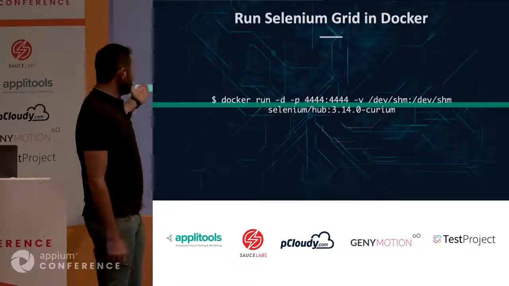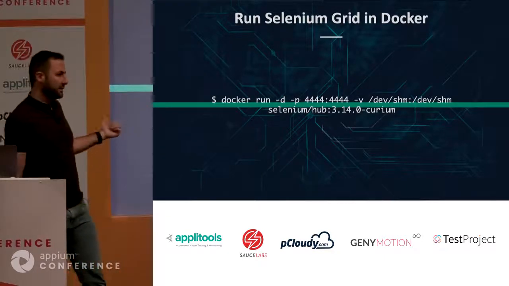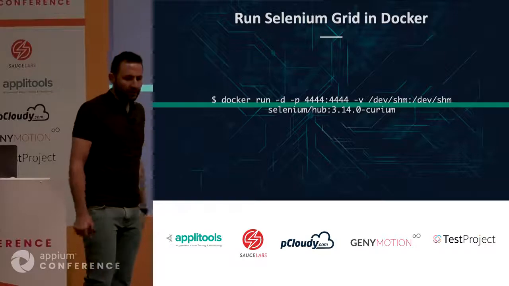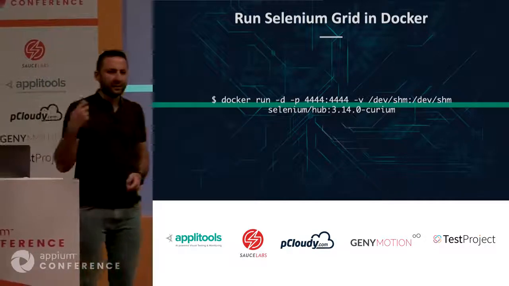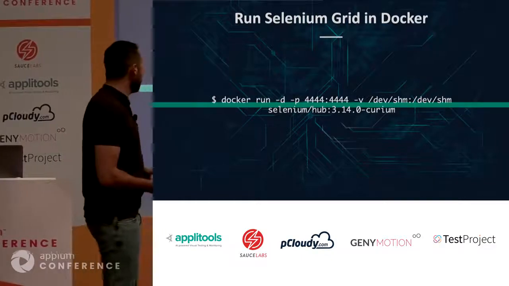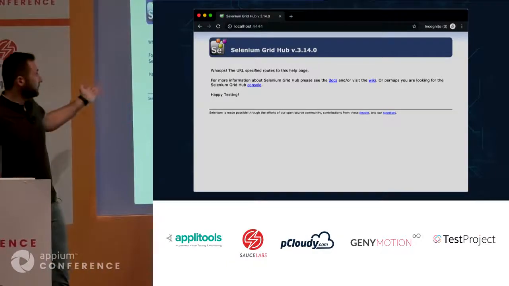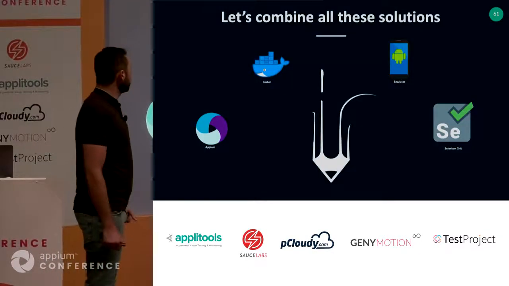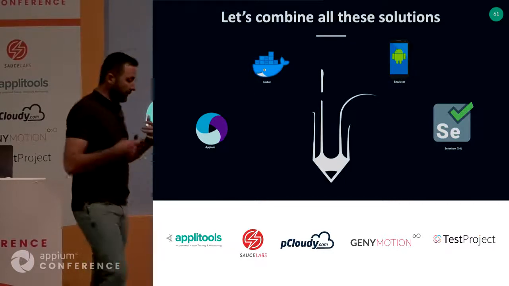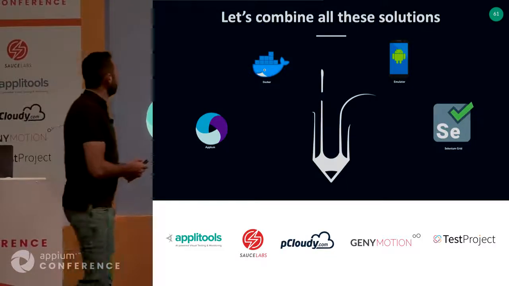To run the Selenium Hub, this is the basic command. This is the project that Diego was contributing to, talked about today. And when you run it, you get it up.